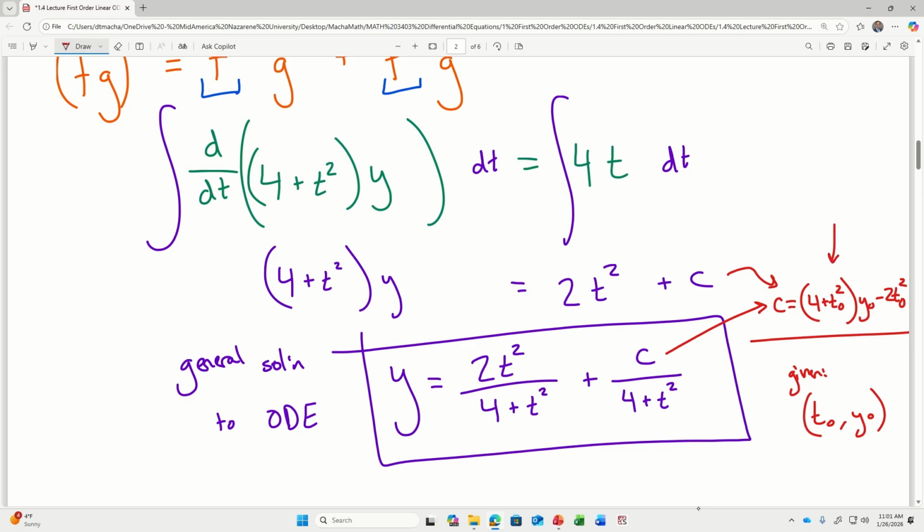So this part is what we call the particular solution to the IVP, the initial value problem.